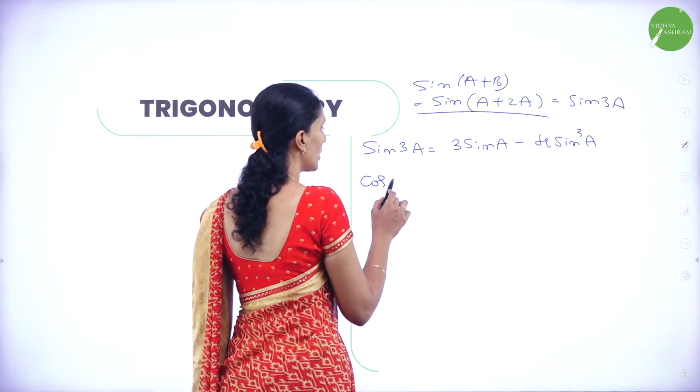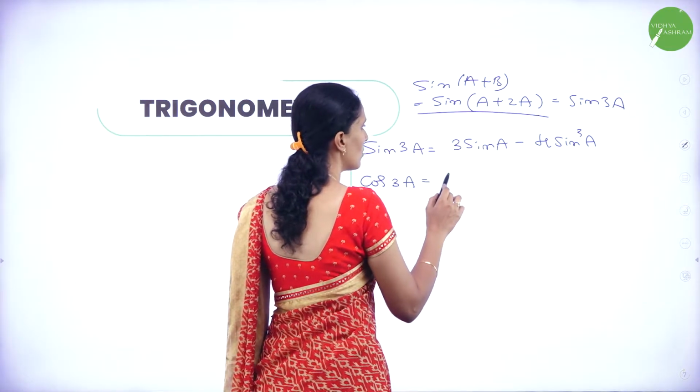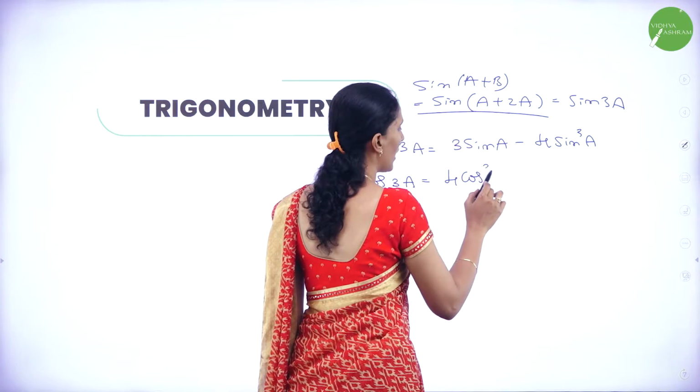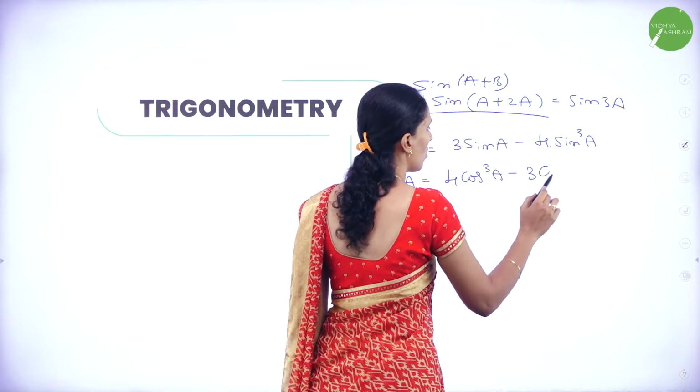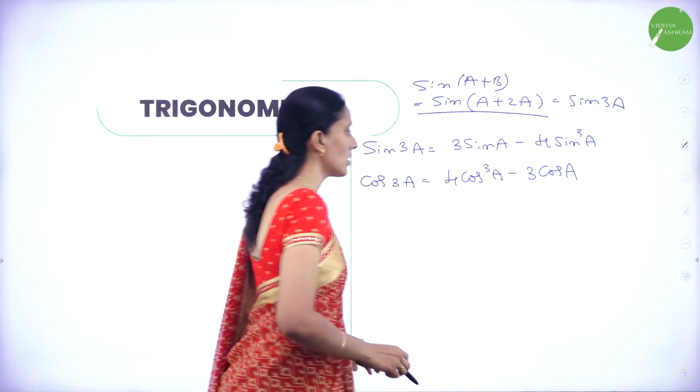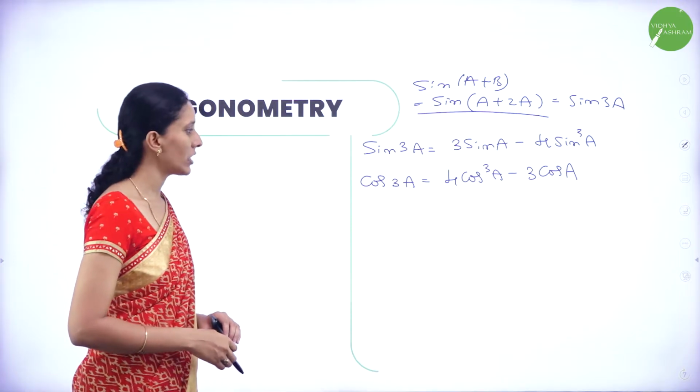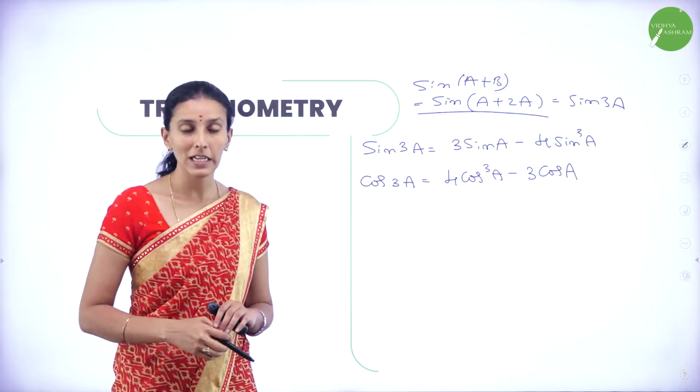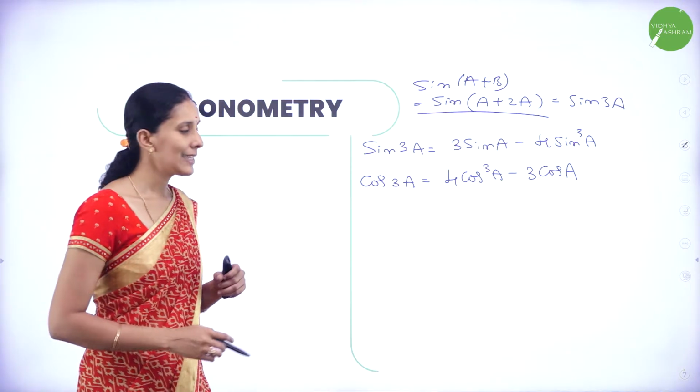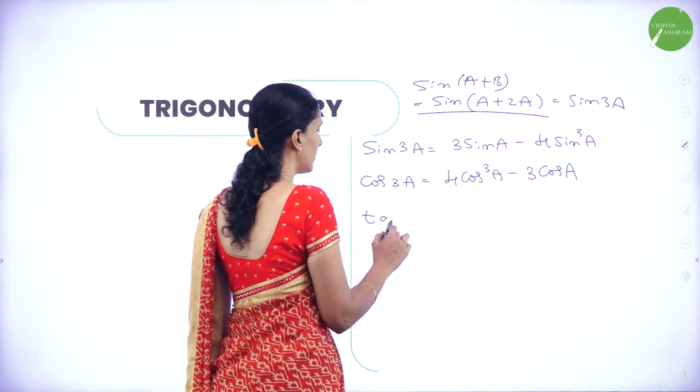Next, cos 3A is 4 cos cube A minus 3 cos A. So this is the formula for cos 3A. Next is tan 3A.